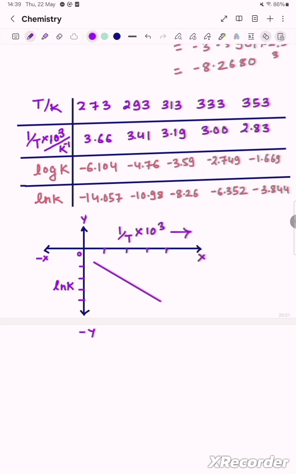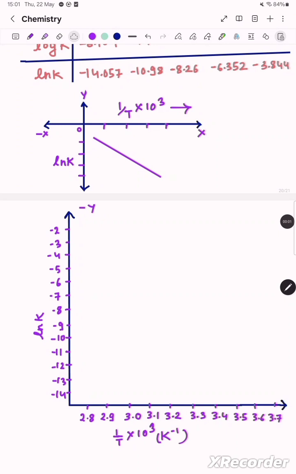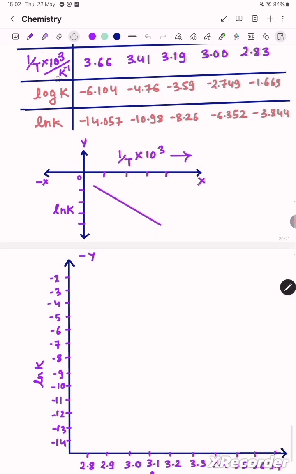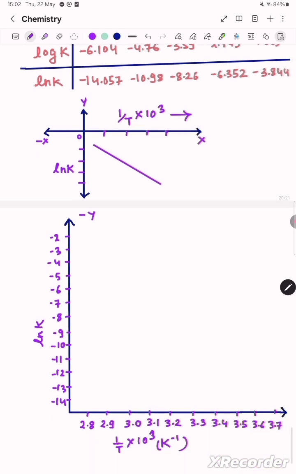So we know that after changing the position to upward there is no change in the graph. Now this is how you will locate all the points on the graph. Here now we will take from the table the various points, that is 1 by T and ln k value.